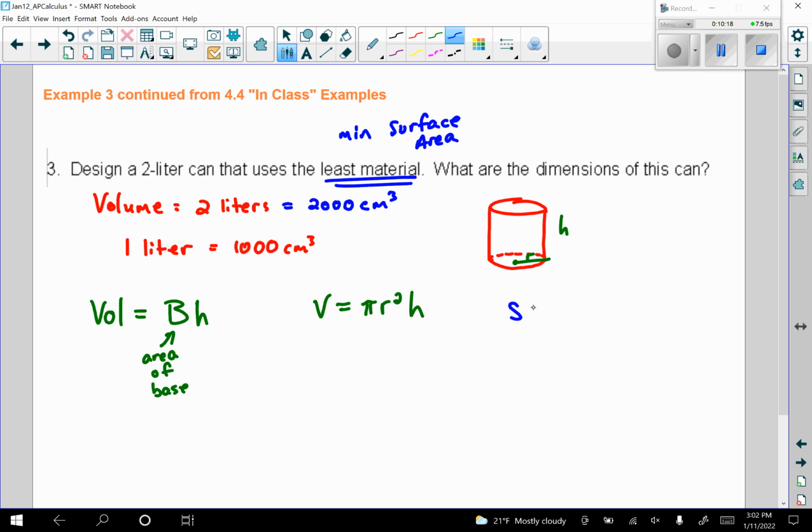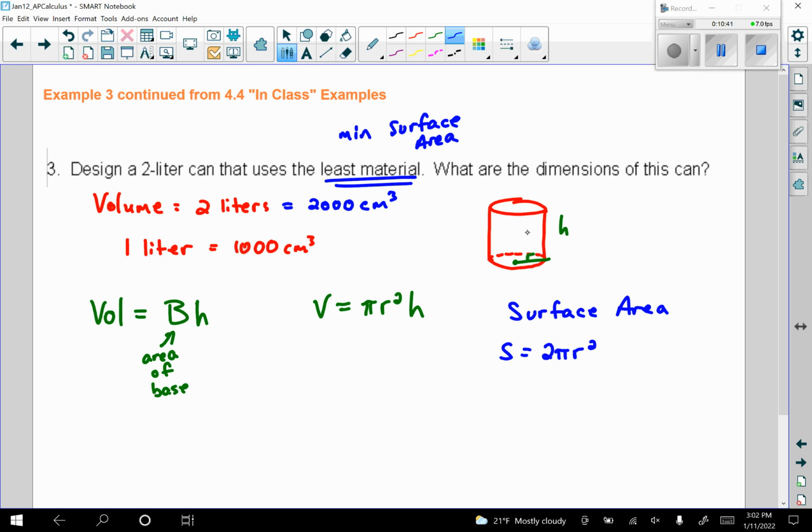And the formula for surface area of a can or a cylinder, we'll write S is going to equal 2 pi r squared, because we have 2 circles and we need to cover the area of the circle for the top and the bottom.